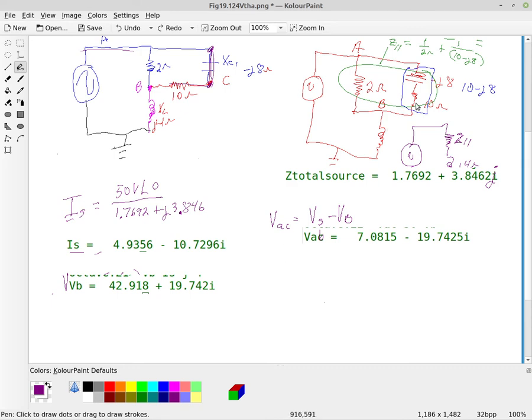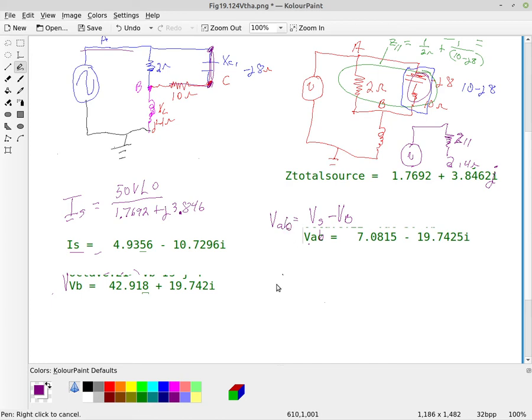To find the current in here, that's Ohm's law one more time. We're going to find the current through just this impedance here, with the voltage VAB.